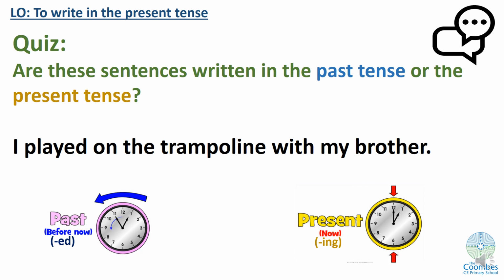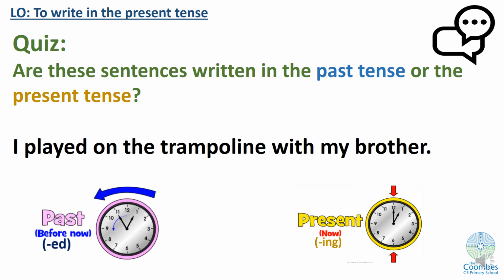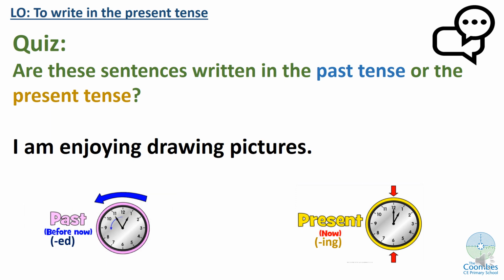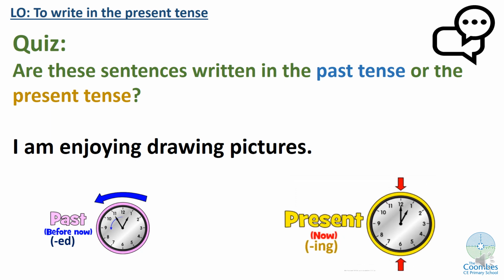Is it past tense or is it present tense? It is past tense. It's happened before. Next one then. I am enjoying drawing pictures. Is it past tense or is it present tense? It's present tense. It's happening now with the ing suffixes.